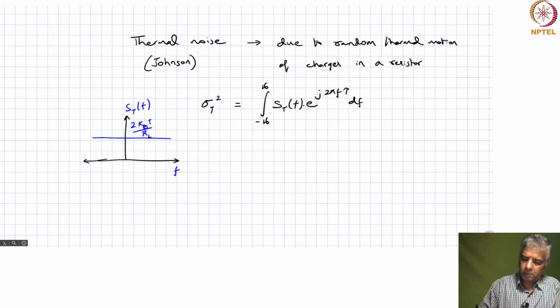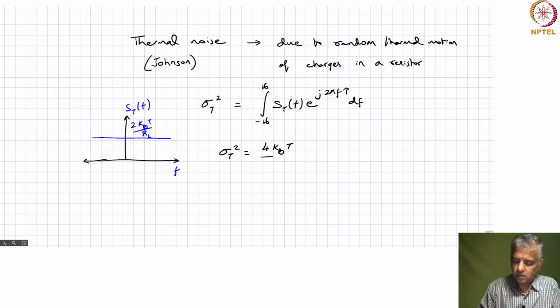So if you plug this in here, once again what you get is sigma_t squared equals 4kBT, where kB corresponds to the Boltzmann constant, divided by RL and multiplied by delta f. The other factor of 2 that we got here is just because it's a two-sided spectrum that we are integrating over.